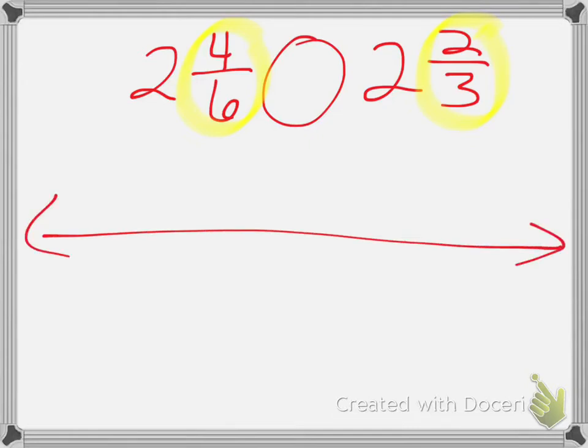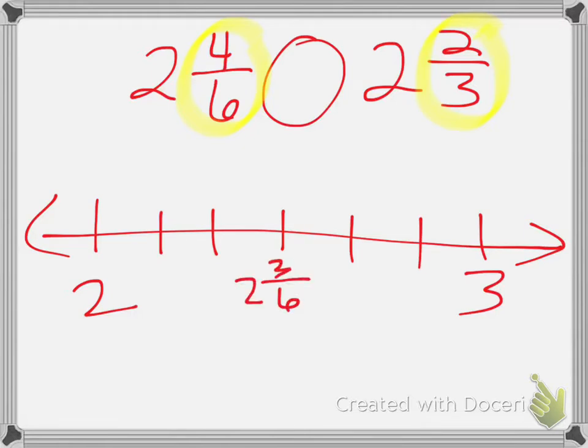Okay, real quick. We have 2 and a little bit, 2 and a little bit. So that means I can start at 2 and end at 3. Okay, 2 and 4/6. So let's go ahead and break this up into 6. So there's my 3/6. So if right here is my 2 and 3/6, this is going to be my 2 and 4/6 right here.